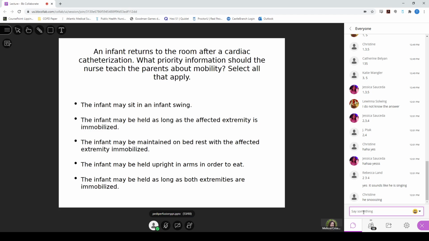So the infant, because it is an infant, can be held as long as the extremity is immobilized. May maintain bed rest with the affected extremity immobilized. You would not want to hold the infant upright in your arms in order to eat at that time.